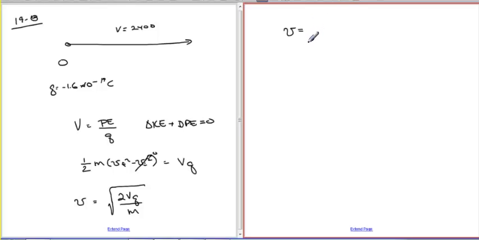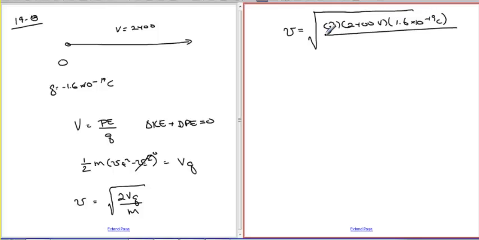Okay, so let's plug the numbers in. We have 2 times the voltage times the charge divided by the mass. The mass of an electron is in the back of the book: electron mass, 9.11 times 10 to the minus 31 kilograms.